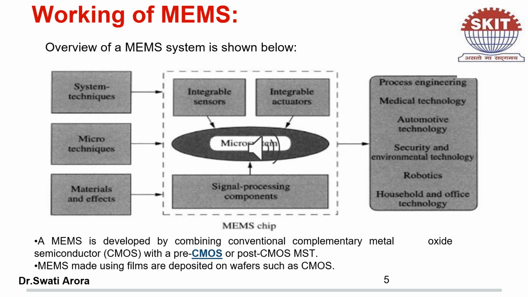So we can see the MEMS chip, which consists of all devices on a common chip. In this MEMS, the film is made using a wafer which is called CMOS.